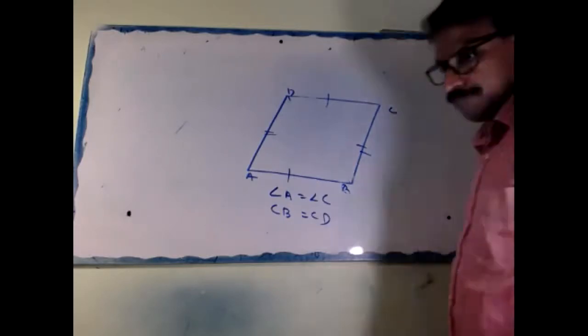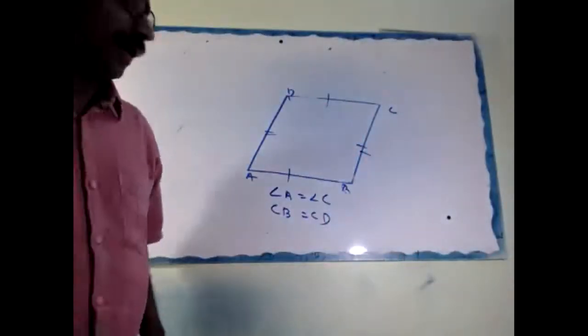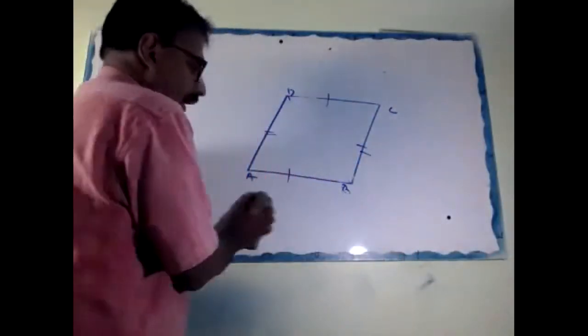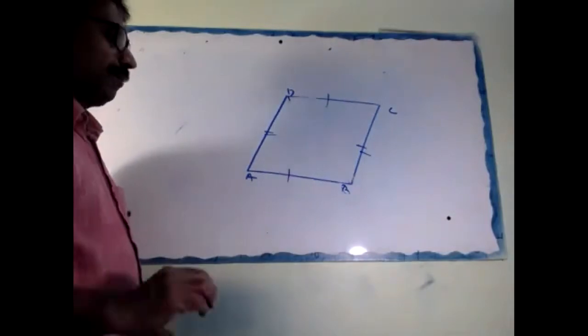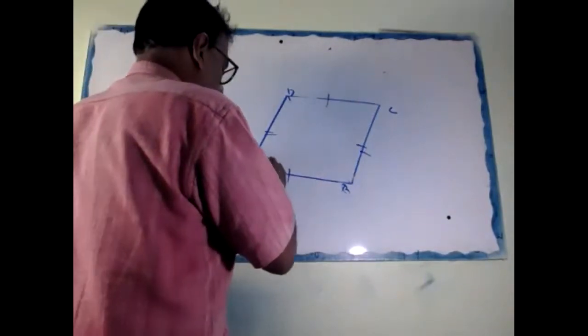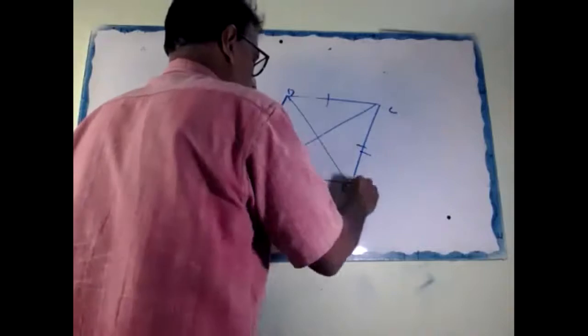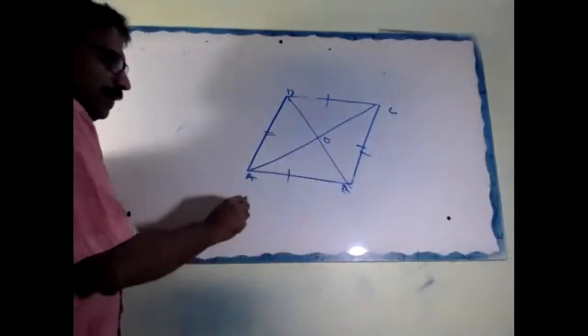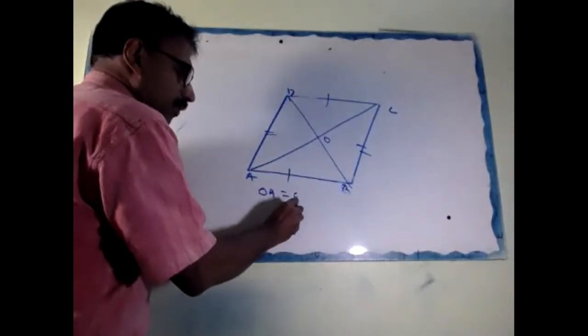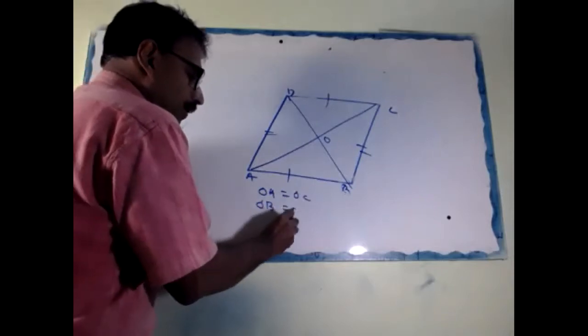Okay, next one, the last one. In a parallelogram, diagonals bisect each other. That means OA equal to OC, OB equal to OD.